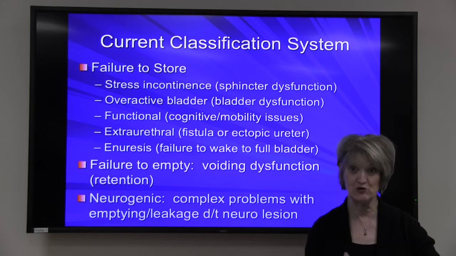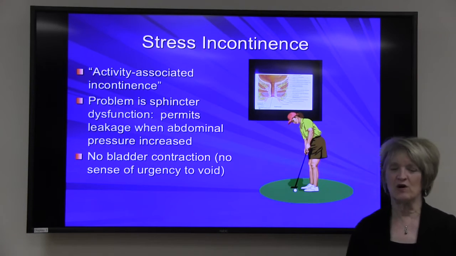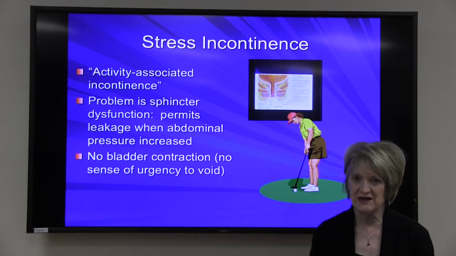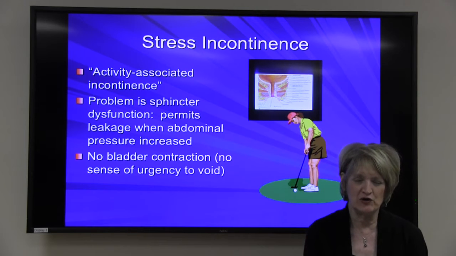So we're going to talk about each one of those. And we're going to talk about what it is, what causes it, how it presents clinically, how it is diagnosed, and an overview of management.